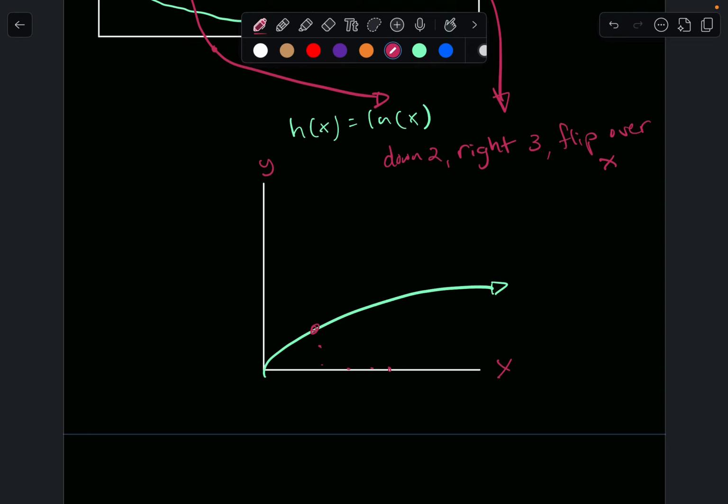So instead of being like this, it's gonna be like this. And I think this is good. Trying to think. I think that's right. Right? Right 3. We're flipping over that.